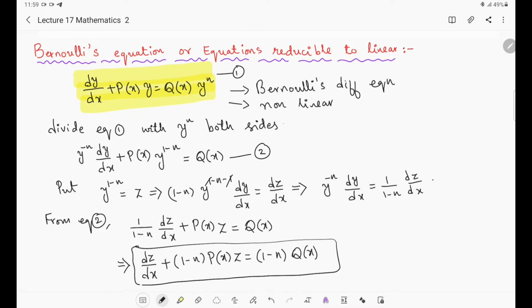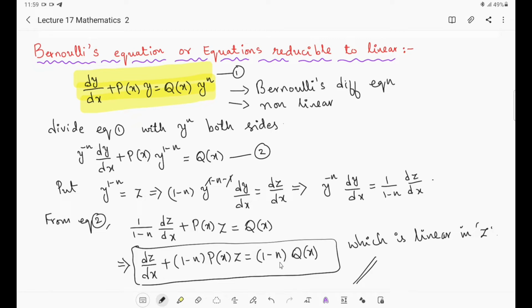Now, if you observe this equation is linear in z, right. So, we know how to solve this linear differential equation. Dz by dx plus, you consider this whole thing as a new p of x or p dash of x, 1 minus n into p of x you consider as one term into z equals to your right hand side one function of x, right, complete.